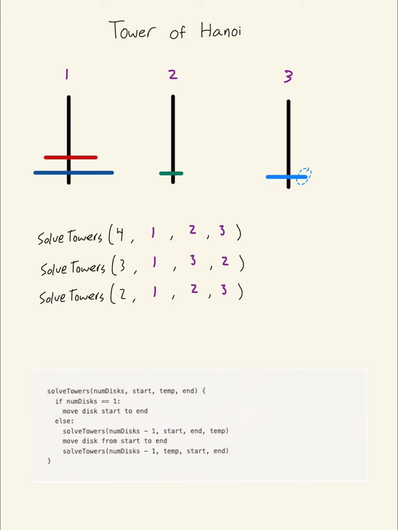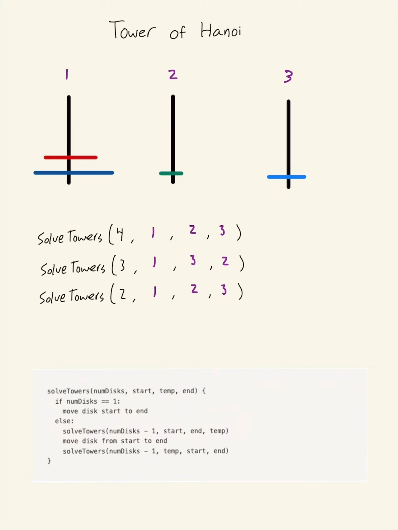Okay, and now we go to this statement where solving the subproblem of moving num disks minus 1 from the temporary to the end. Okay, what is the temporary? It's from pole 2. This is the temporary, and we're moving that one to the end, which is the 3, right?